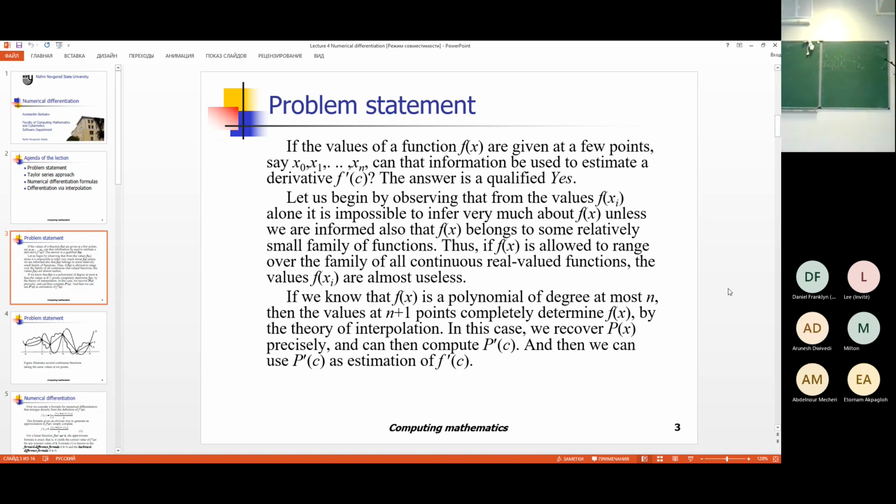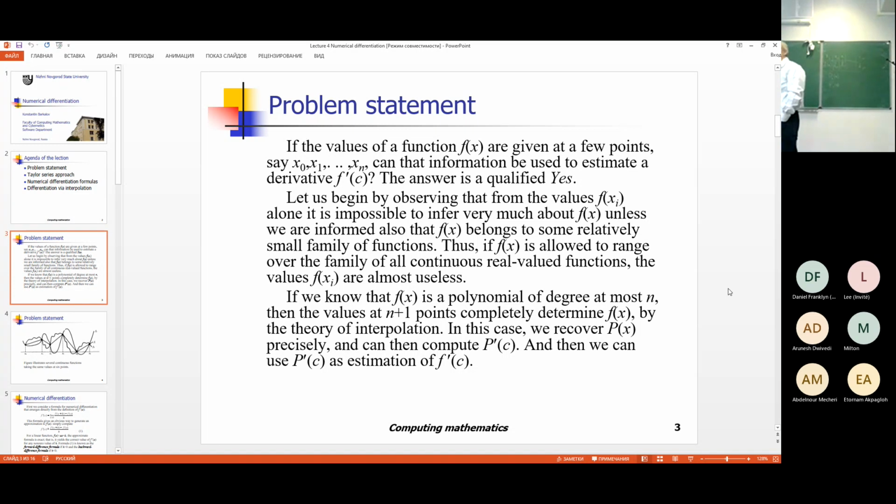The last sentence maybe is the main point from this slide. We have a table of these values. Using this table, we can find a polynomial p of x of degree n. We can recover it, we can find it precisely. And after that, we can find the derivative of this polynomial, p prime of x.